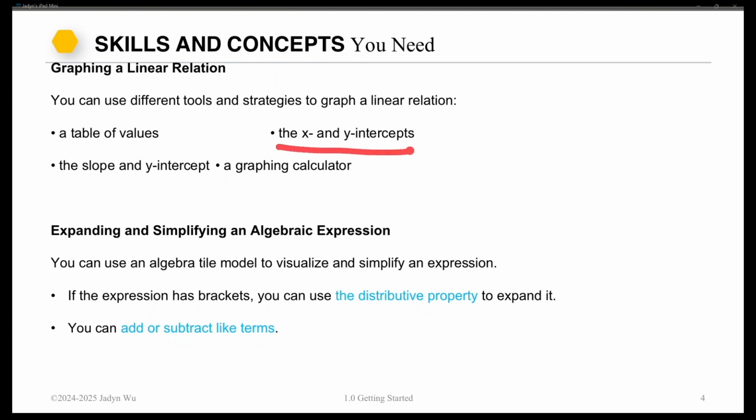Or we can find the x and y intercepts and connect the 2 points to find the line as well. The other one is finding the slope and the y-intercept. Now we can draw a graph based on the y-intercept and use the slope, or the steepness, to draw the line. And the last method will require a graphing calculator.